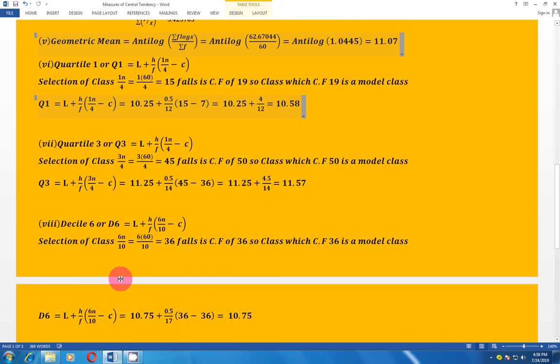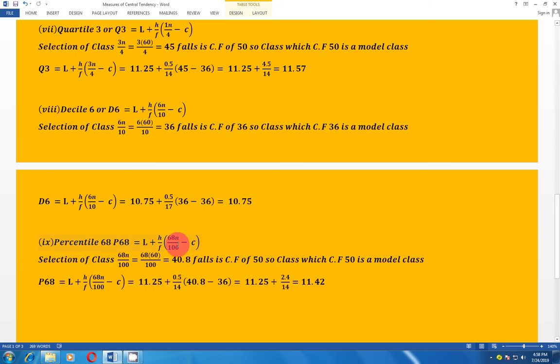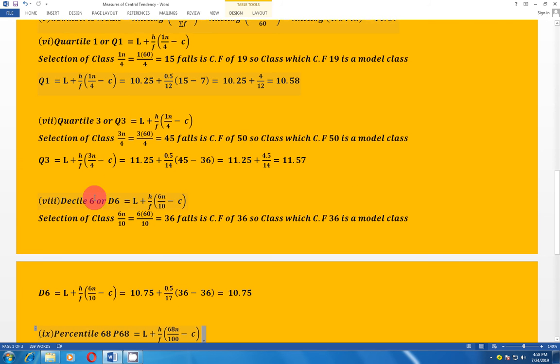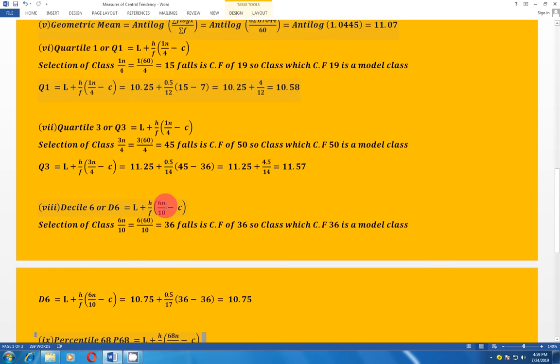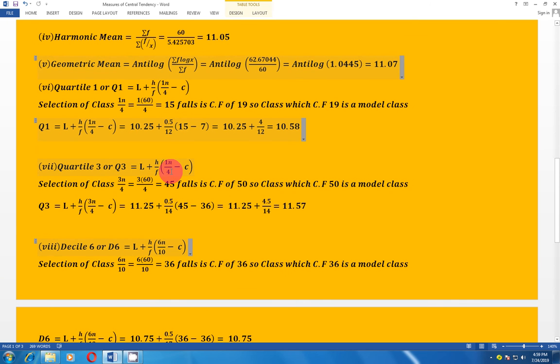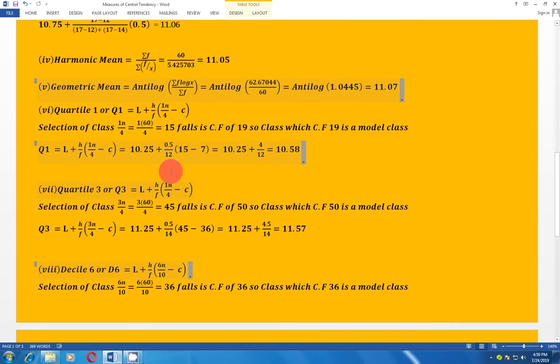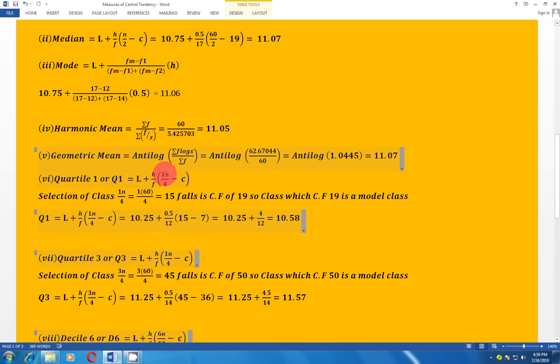And in the case of percentile, we divide n by 100, because percentile is the division of data into 100 equal parts, decile is the division of data into 10 equal parts, and quartile is the division of data into 4 equal parts. Second tip is to multiply by the digit which is associated with the quartile, decile and percentile.